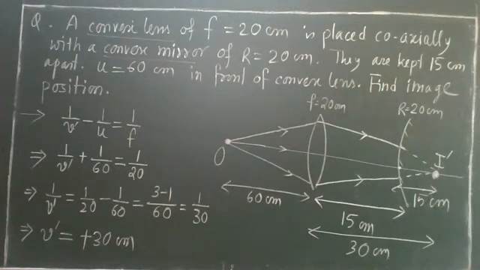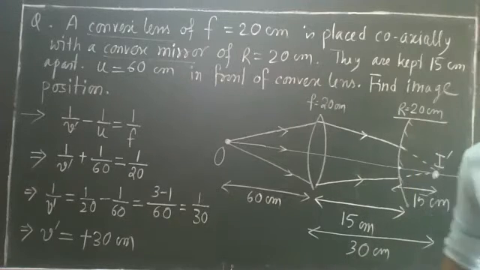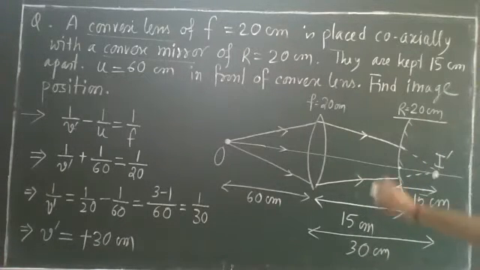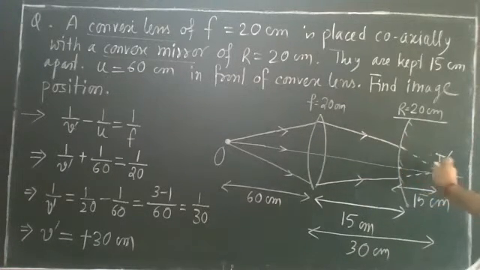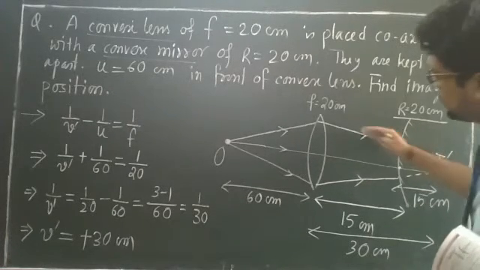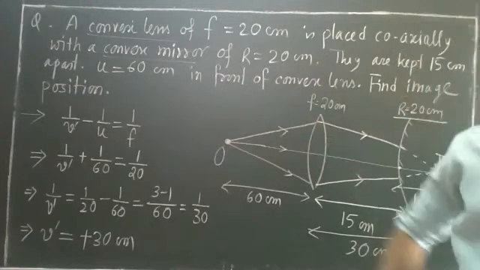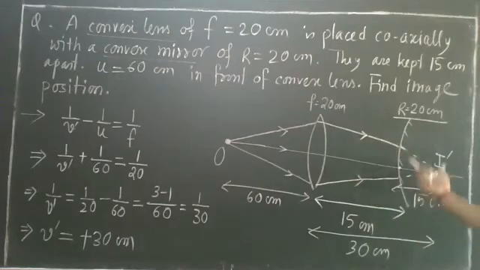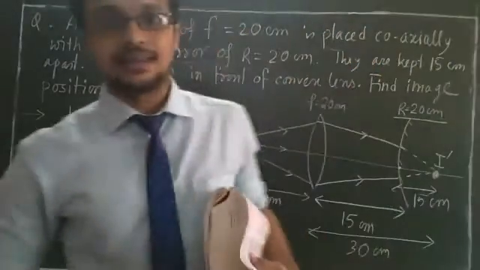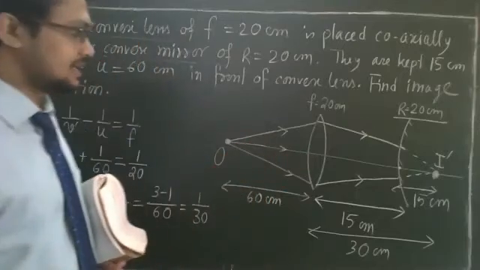Now look here, the object distance is not equal to the radius of curvature. If the object distance is equal to the radius of curvature, that means this ray is incident normally on this mirror. So after reflection, it will follow the same path, and the image will be formed here. That type of problem we had done in the last class, yesterday's extra class.